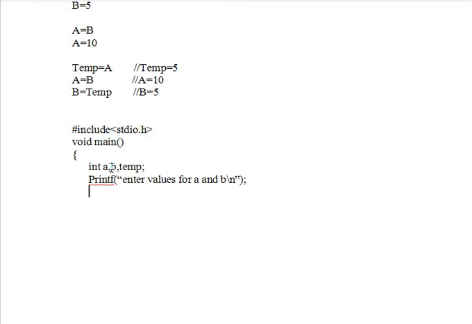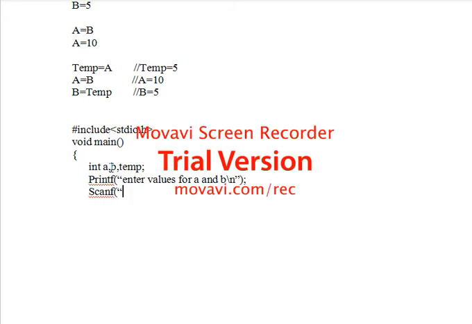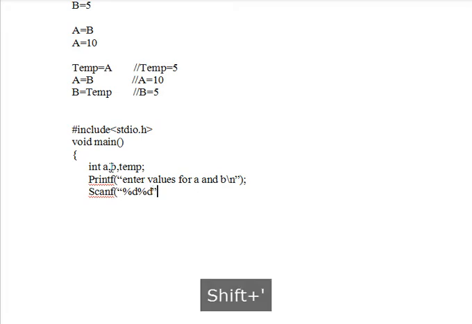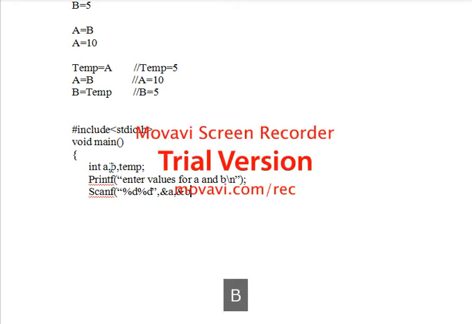How to read? scanf. Since we declared it as integer, again it is all in small letters, mind that. %d, then don't give any comma or space. One more value we have to give, of integer type, so %d. First value we have to store in A, so we give the address of A. Second value we have to store in B, so the address of B, close the bracket with the semicolon.